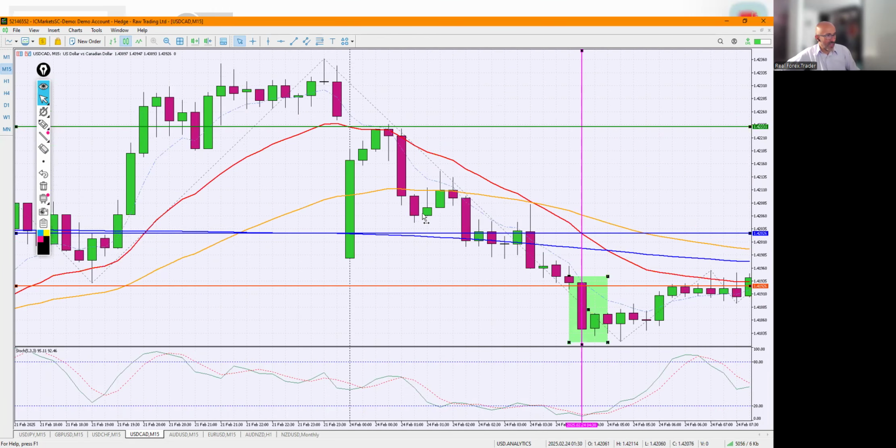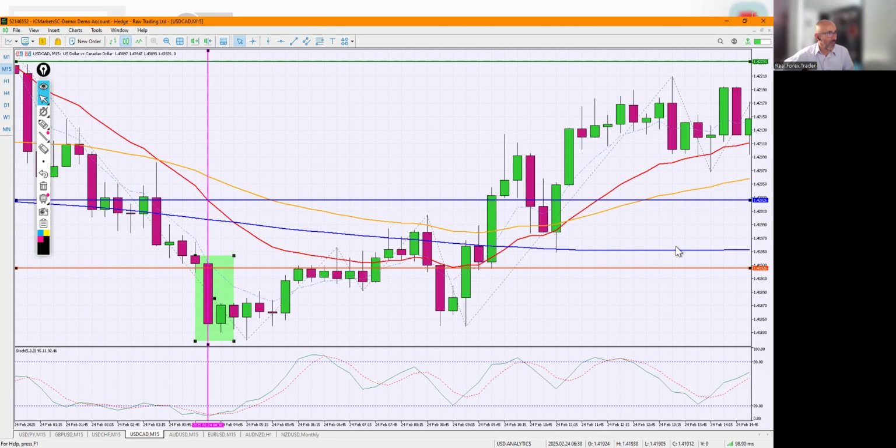Similar behaviors in what sense? Look at this. Here is my Tweezer bottom. Exactly. Well, this one is not that exact as the previous one, but it's within the rule. It's nearly the same close and open, right? Here. And look at the behavior of the stochastics. The stochastics were what? Were in the oversold area. That is interesting, all right?